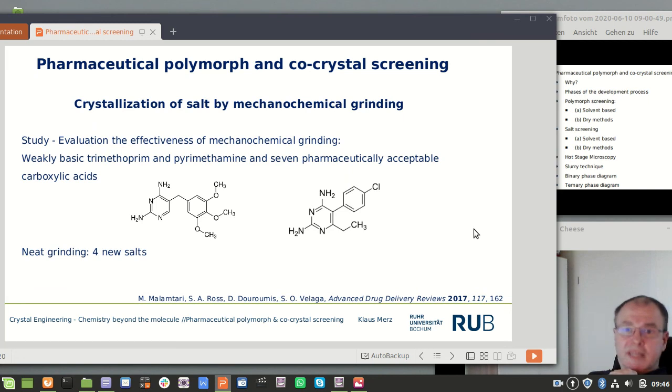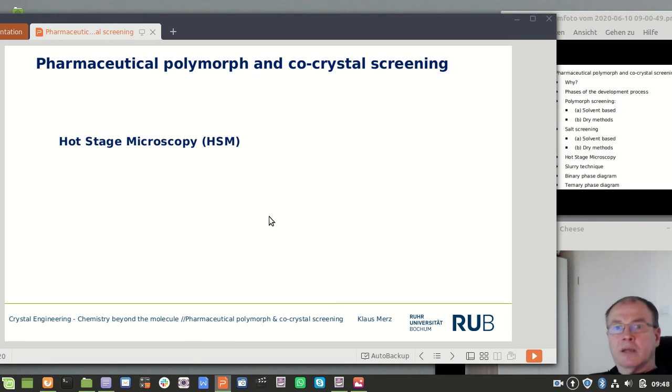If you use neat grinding, they get 4 new salts. If I use liquid assisted grinding, we got an additional 9 salts. So these are some techniques to get salts from mechanochemical grinding.